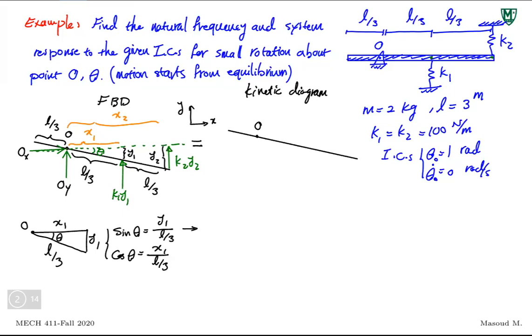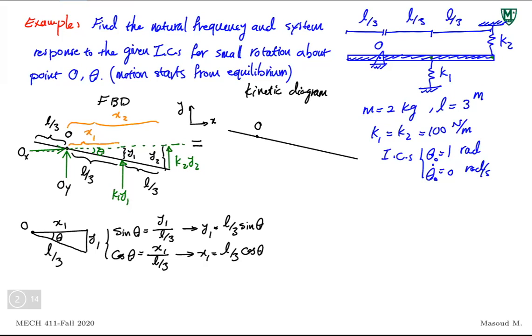So this means that y1 becomes L over 3 sine theta, and x1 becomes, you'll see why I'm finding x1. Maybe I should have mentioned first why we need that, but for now, just trust me and come along. So L over 3 cosine theta. So I could write y1 and x1.